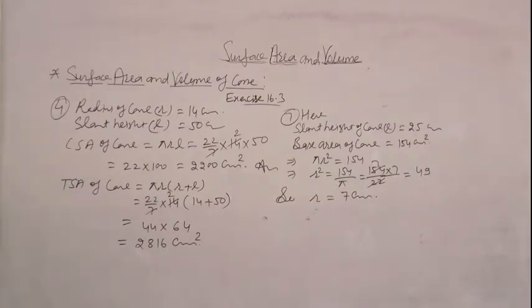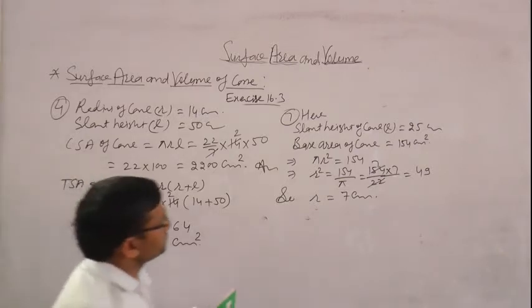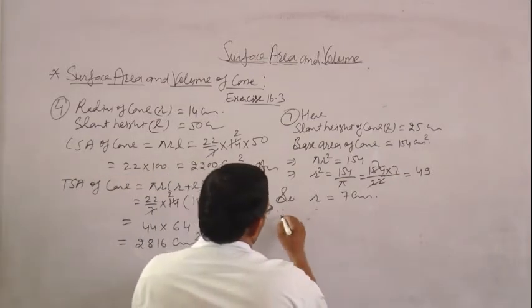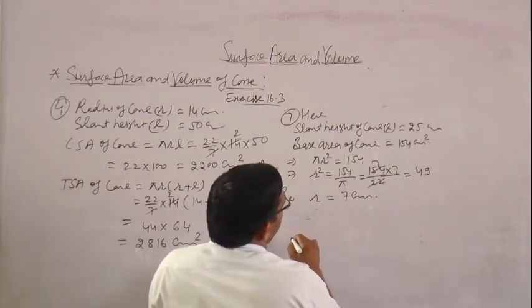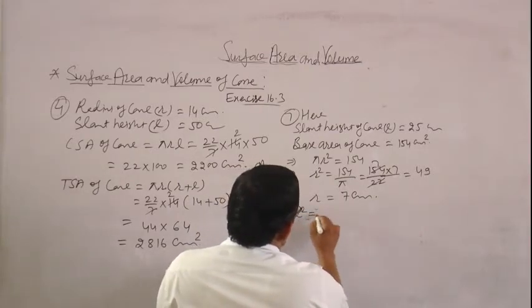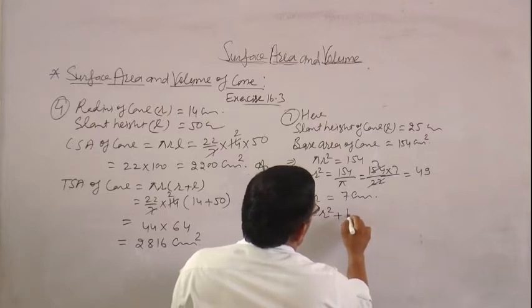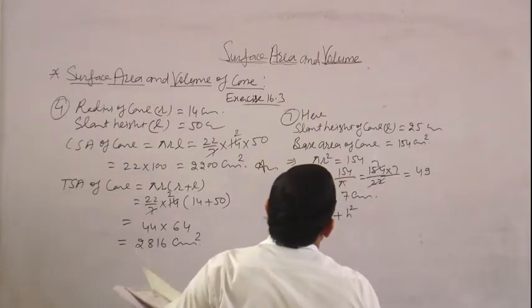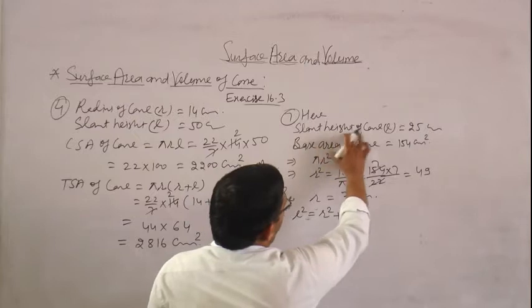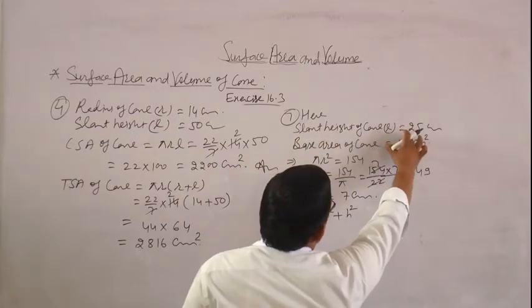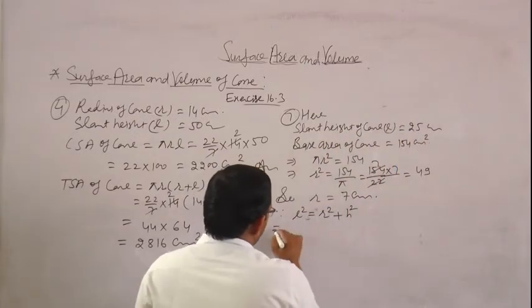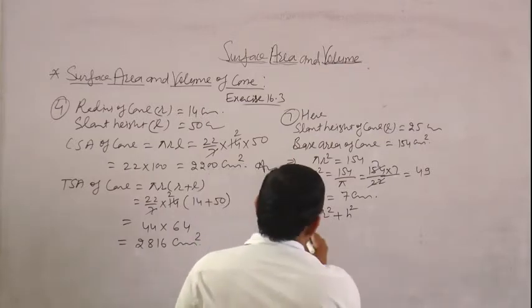We want to find out slant height. Slant height is represented by L. We know that L square is equal to R square plus H square. In this question, slant height L is given as 25. We want to find out height of cone.